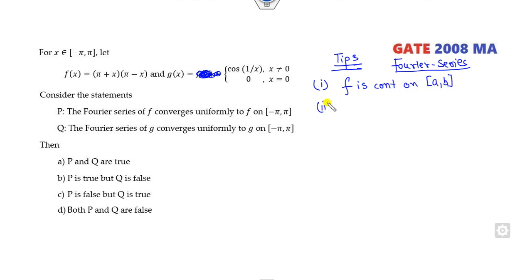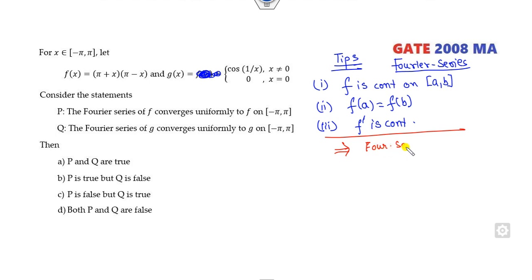The function value must be the same at the boundary points, and third, f dash must be continuous. If these three conditions are satisfied, this implies the Fourier series converges uniformly.